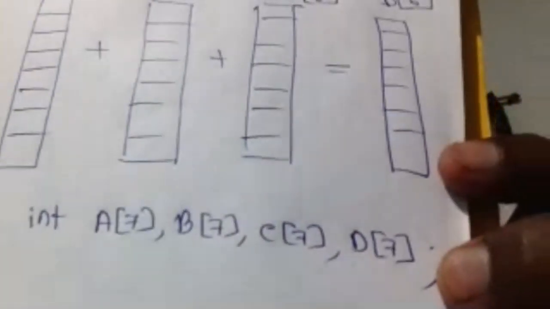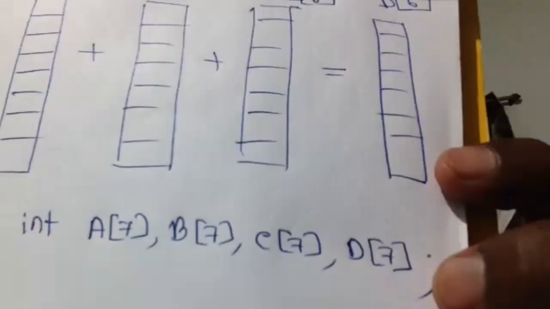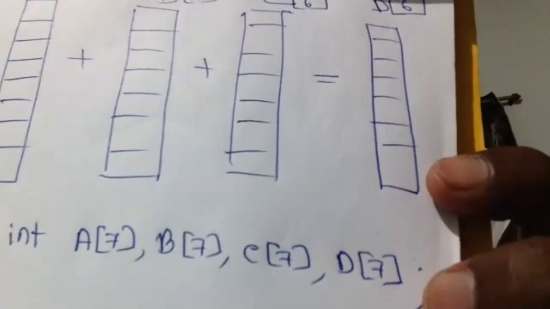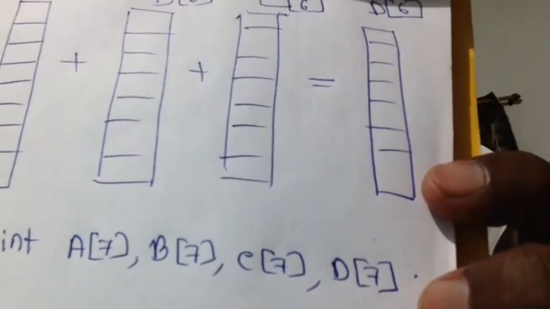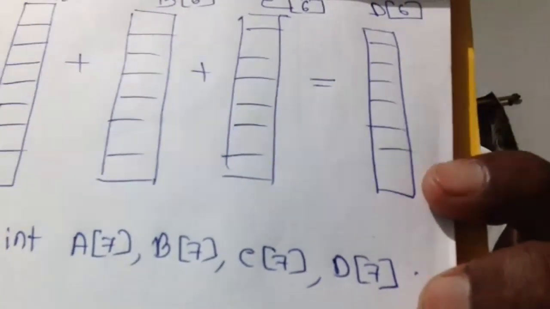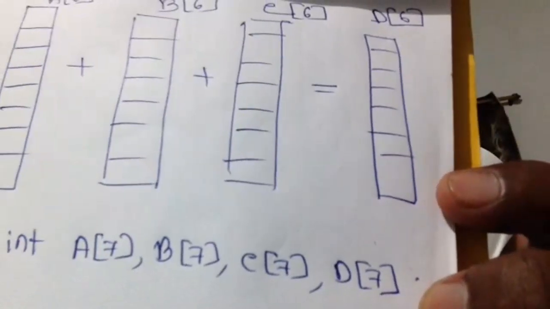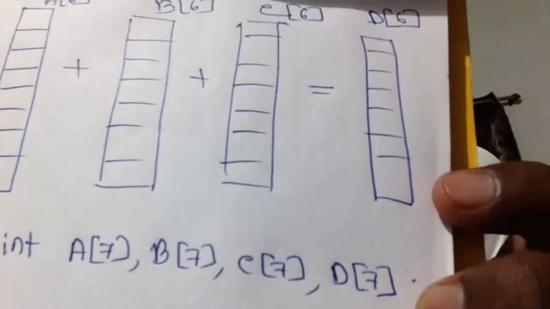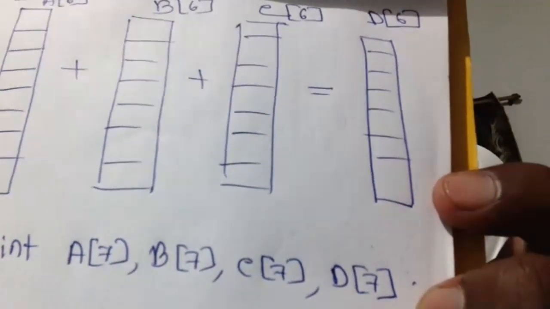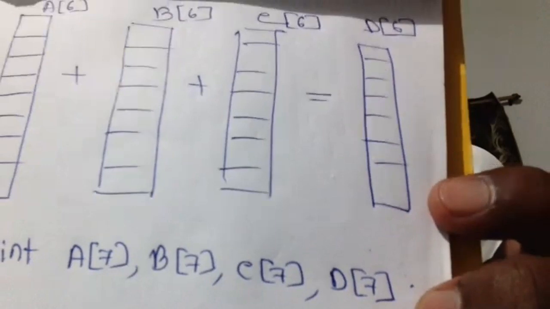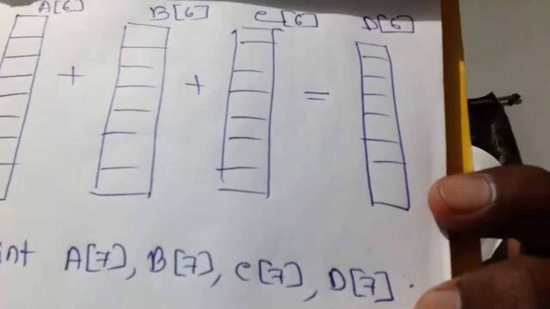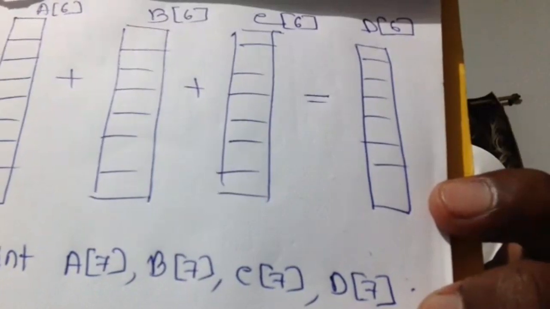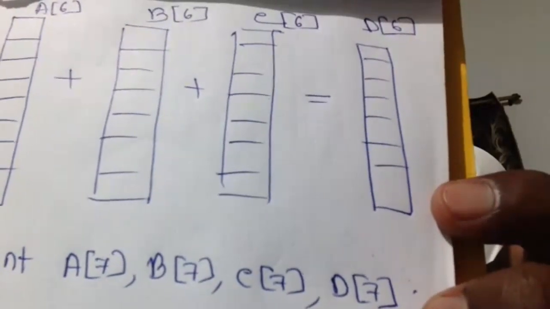Why am I putting 7? Always try to write the program with one more space than what you need. If your application has 5 elements, always occupy 6 spaces. If you have 10 elements in the array, you have to occupy 11 spaces, one more than that. Otherwise, sometimes it has some garbage problem.